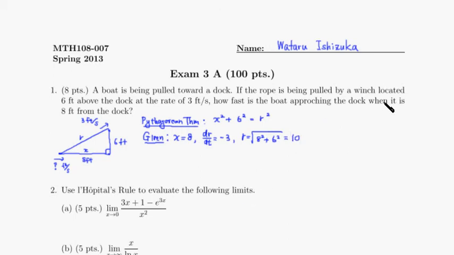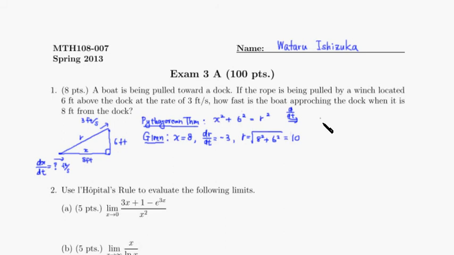Now we can take the derivative, because what we're looking for is the rate of change of x with respect to time, dx over dt. So let's take the derivative of the Pythagorean equation with respect to time.